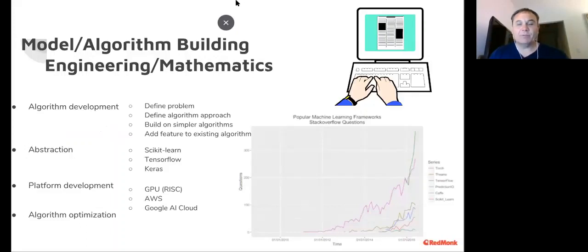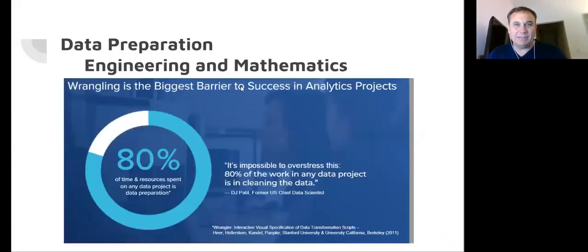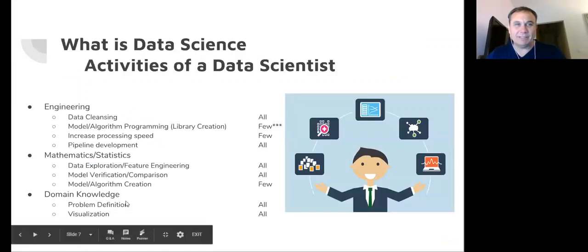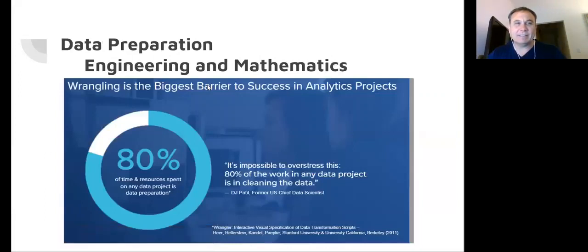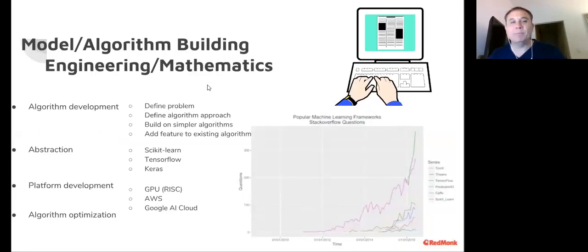Okay, so the engineering, I'm breaking down these different areas in a different slice, I guess. The model and algorithm building. That's one part of your job as a data scientist.